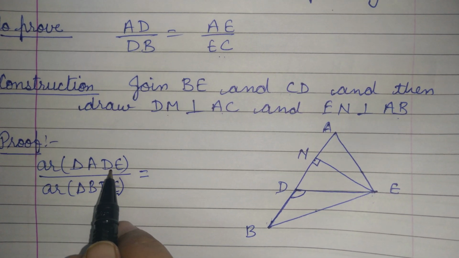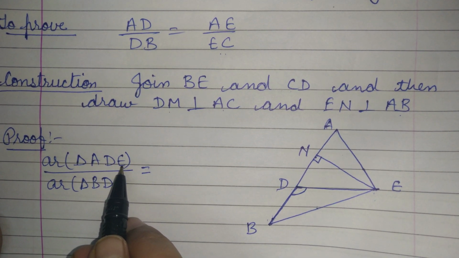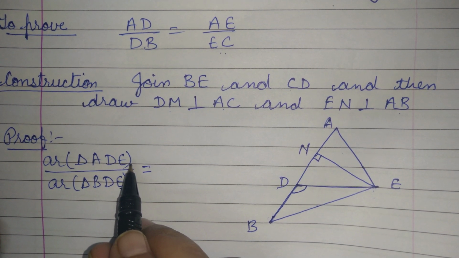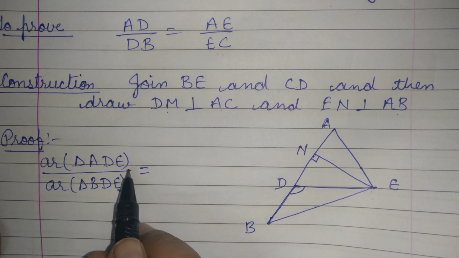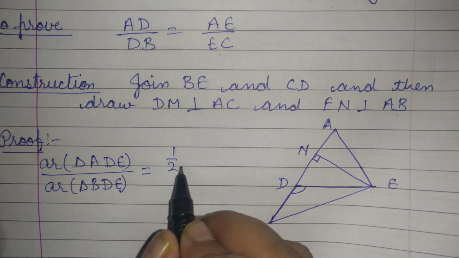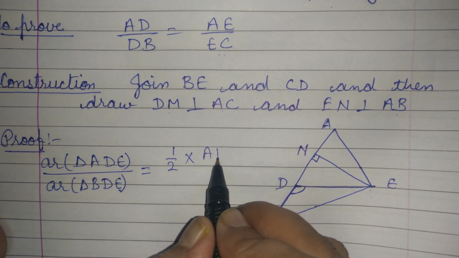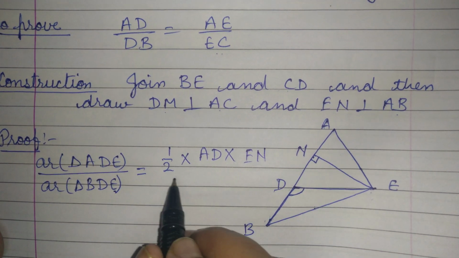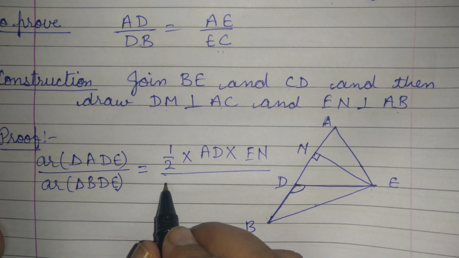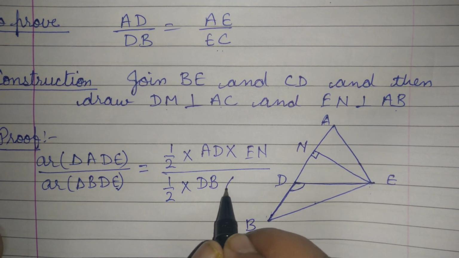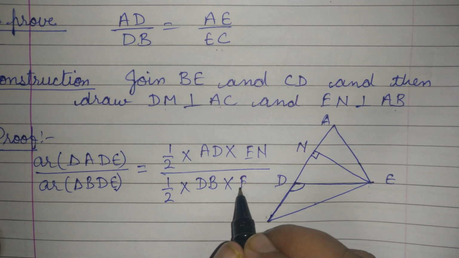Let us take their areas. For area of triangle ADE, we will apply the formula of area of triangle, which is half into base into height. So area of triangle ADE will become half into base AD into height EN. Area of triangle BDE will be half into base DB into height EN.